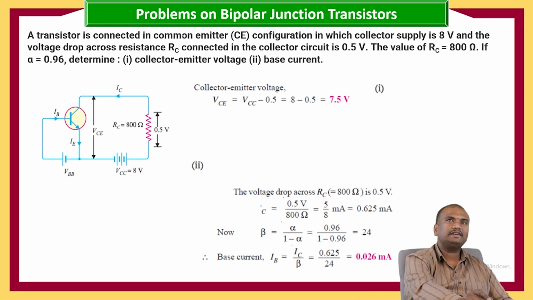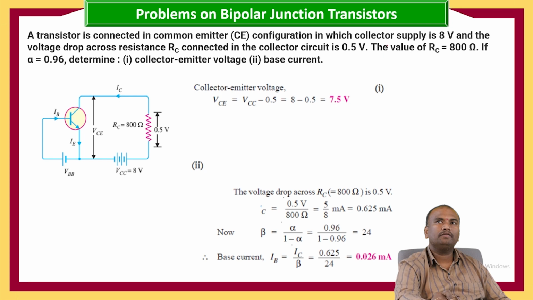Here a transistor is connected in common emitter configuration, in which the collector supplies 8 volts and the voltage drop across resistance RC connected in the collector circuit is 0.5 volts. The value of RC is 800 ohms.